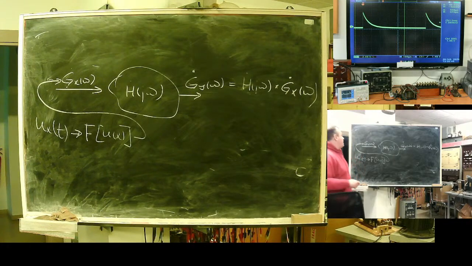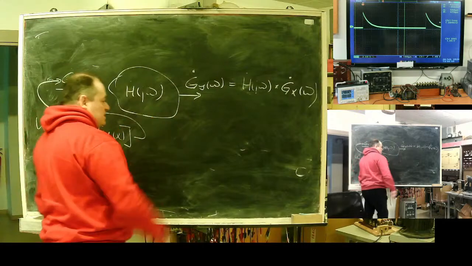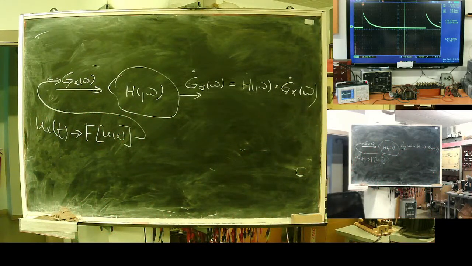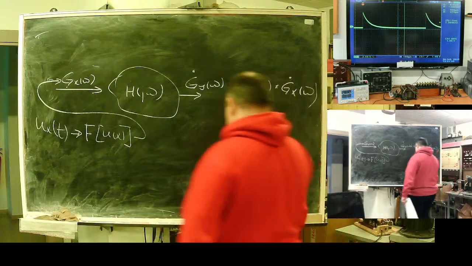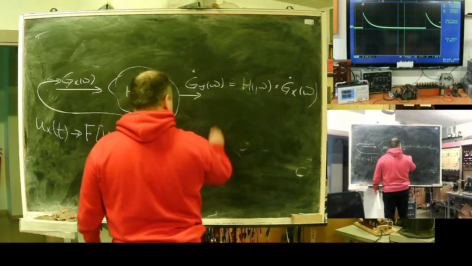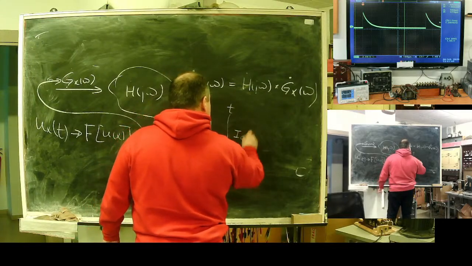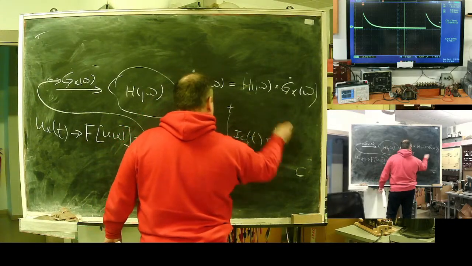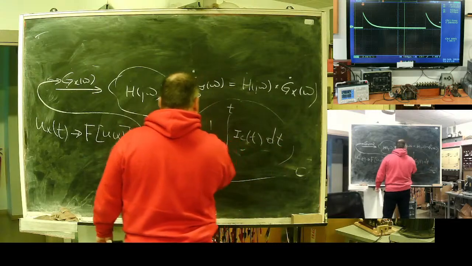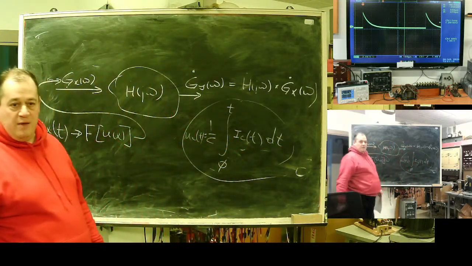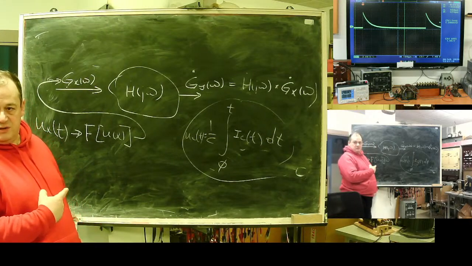Fine. In frequency space, many things are much simpler. In time space, I should solve something with the integral over time. This is the capacitor voltage in time. Not a nice function.